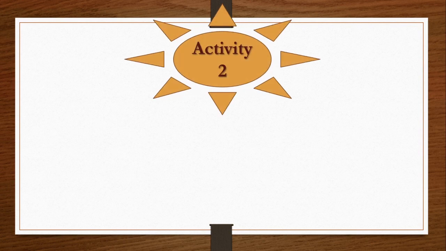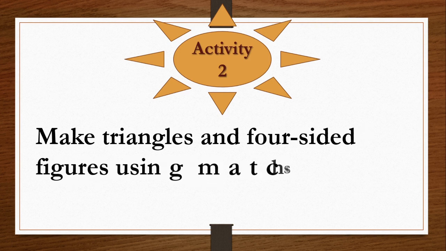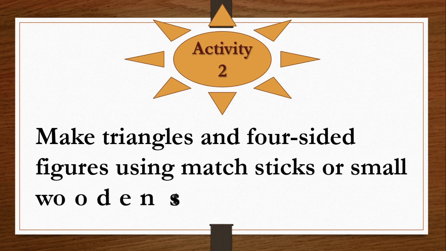Activity number 2. What we have to do here? Make triangles and four-sided figures using matchsticks or small wooden strips. What we have to do here? We have to make the shapes of triangles and four-sided figures using matchstick.